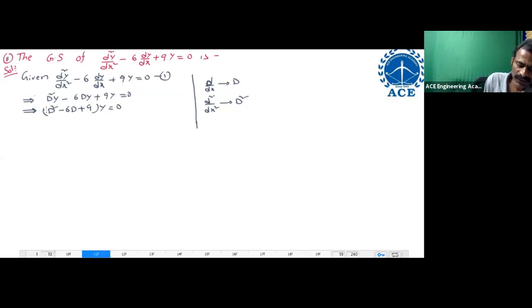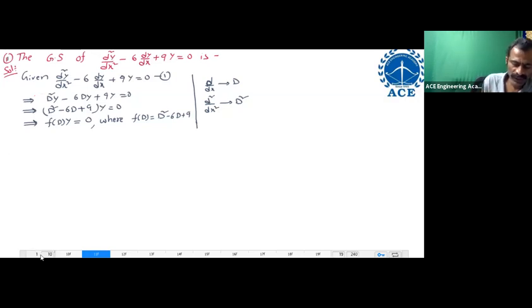Writing the given equation in terms of D notation is the operator form. Or we write this in short form, f of D y equal to 0, where f of D equal to D square minus 6D plus 9. So writing the differential equation in operator form is completed. Up to here, first step.